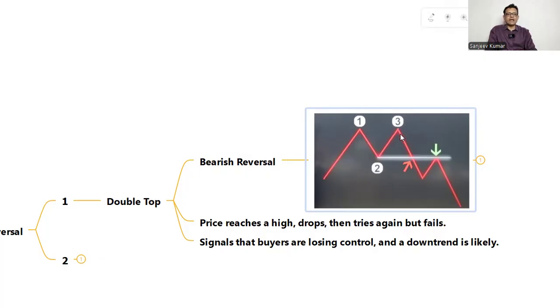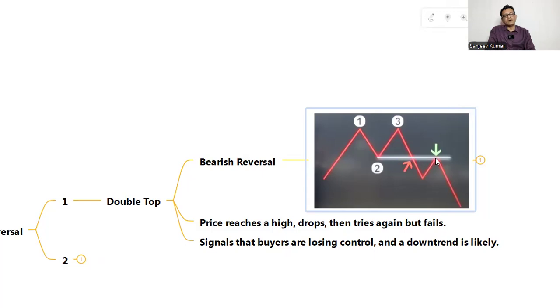And when share price moves below this neckline, when you draw a line from point 2, and if the share price breaches this line and goes below this line, this is the indication of downtrend. But it is not compulsory. It can go again upside.